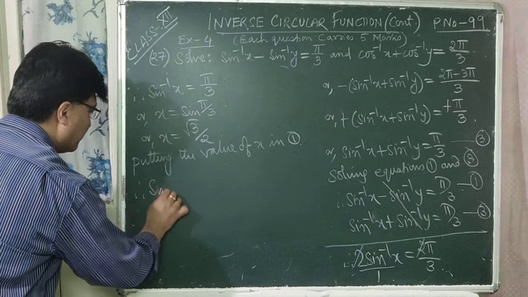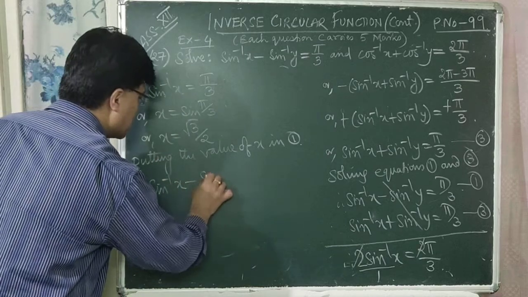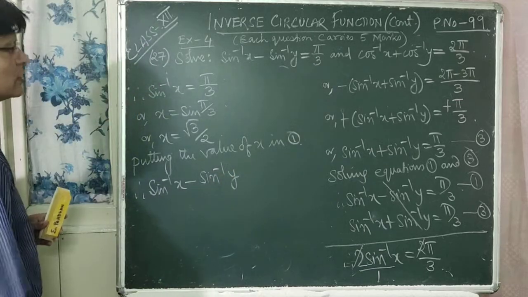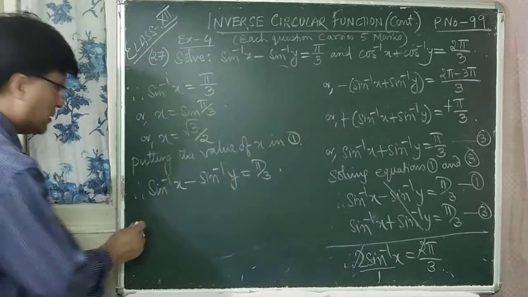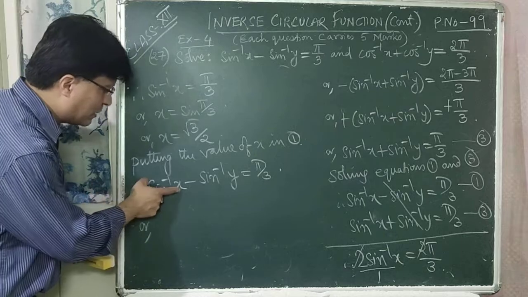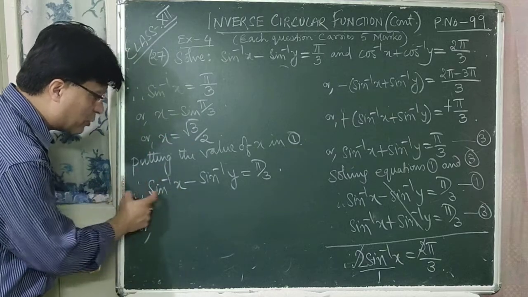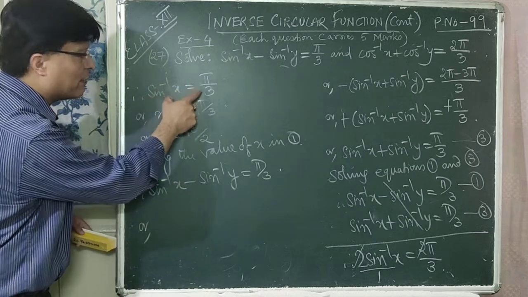So therefore sine inverse x minus sine inverse y is equal to pi by 3, right? Now in this case either you can put the value for x which is root 3 by 2, or you may put the value of sine inverse x. Just now we got sine inverse x is equal to pi by 3.